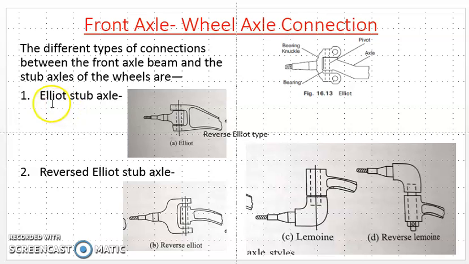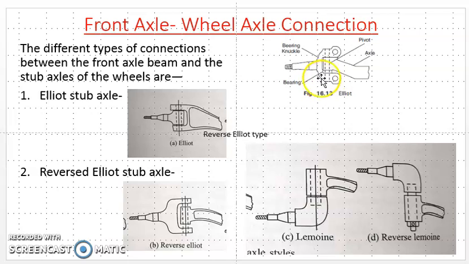First is the Elliot stub axle. Okay, Elliot stub axle, here is the stub axle and this is the axle beam. Okay, the axle beam is made in such a way that one end is like a yoke or a fork, in between which the other end of the stub axle is mounted and pinned.